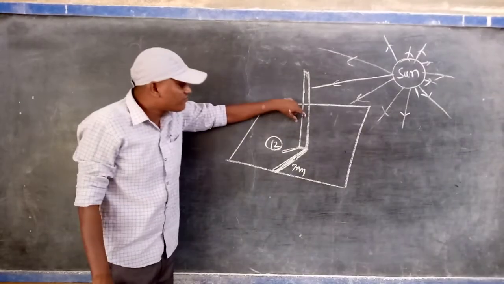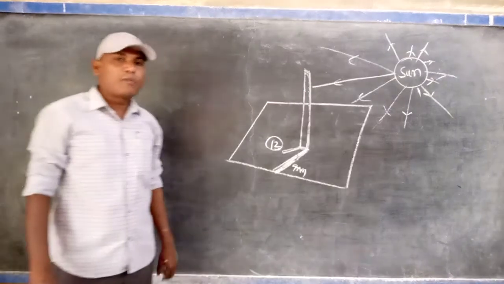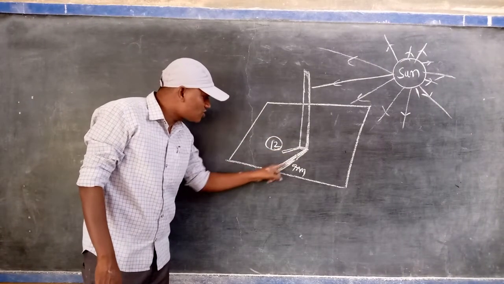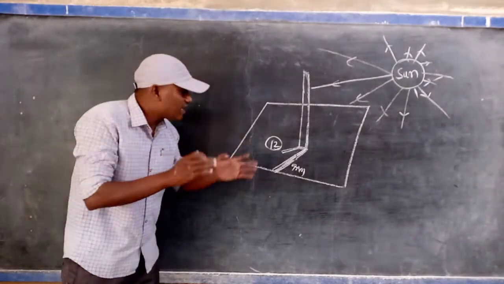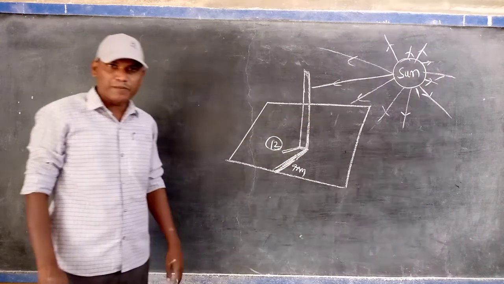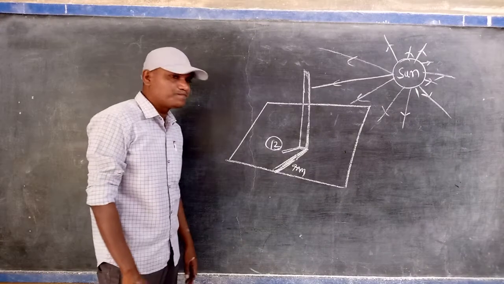So, when the stick is kept under abundant sunlight, the shadows will be formed. Along the shadows we mark with the white powder. Then finally, this experiment is conducted from 9 a.m. to 4 p.m., because in this particular time sufficient sunlight will be available.